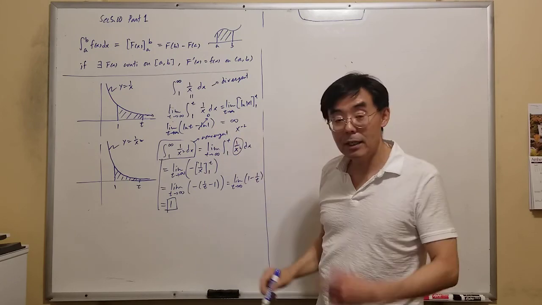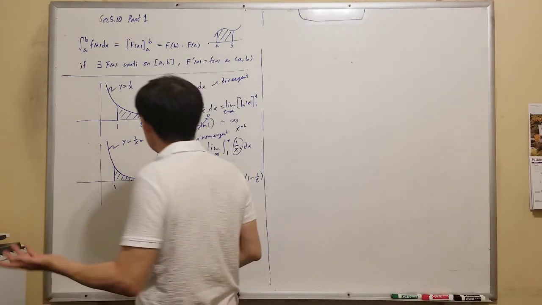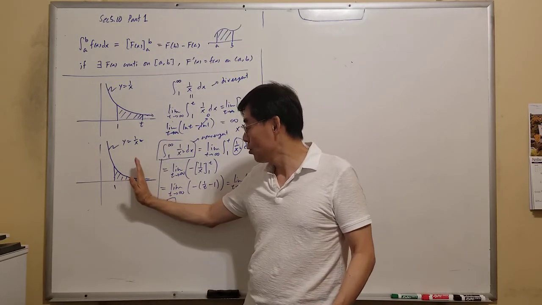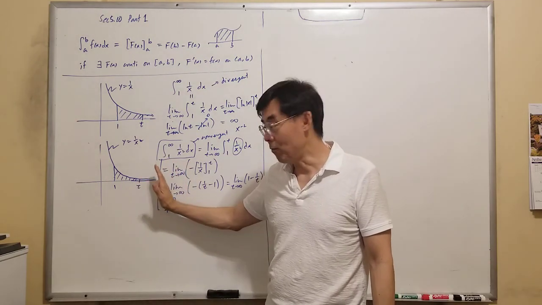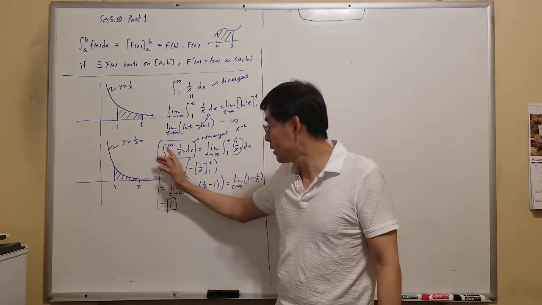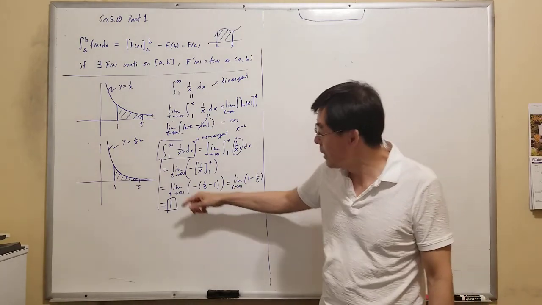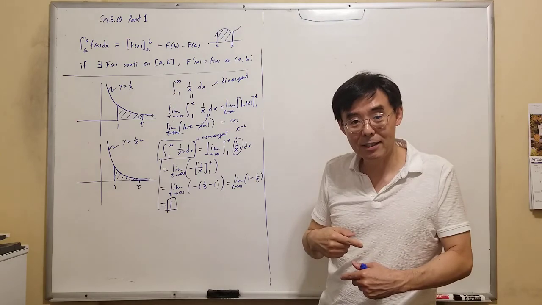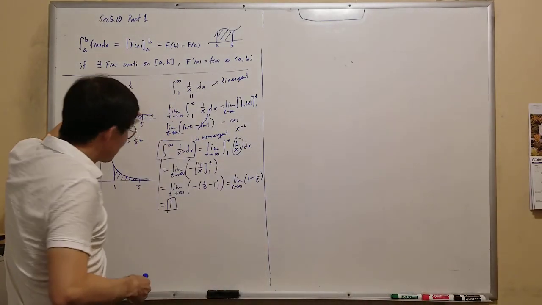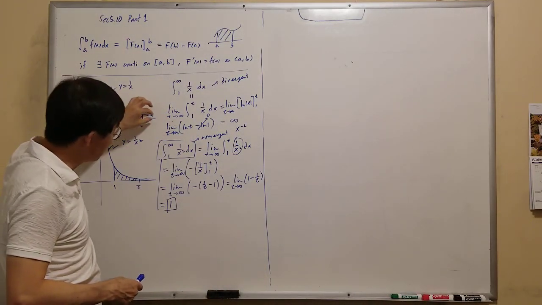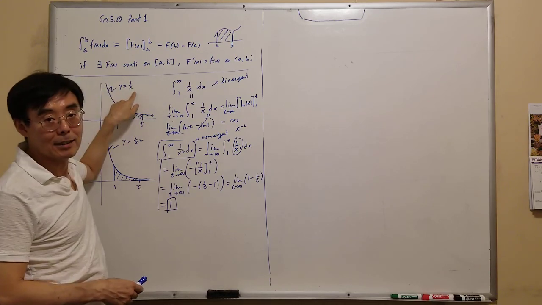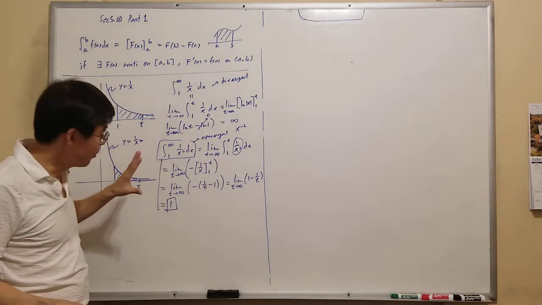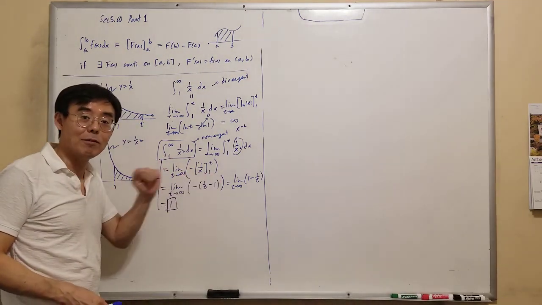The intuitive way of understanding is that we are considering this area as you sweep more and more, right? In order for this type of integral to be finite, your graph has to get smaller and smaller very quickly. Yes, 1 over x goes to 0, getting closer and closer to 0, but not fast enough. 1 over x squared goes to 0 fast enough to make this area finite.